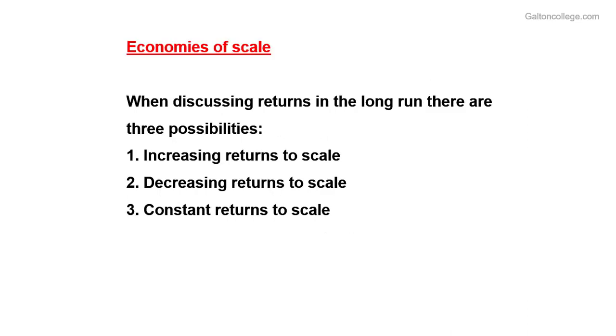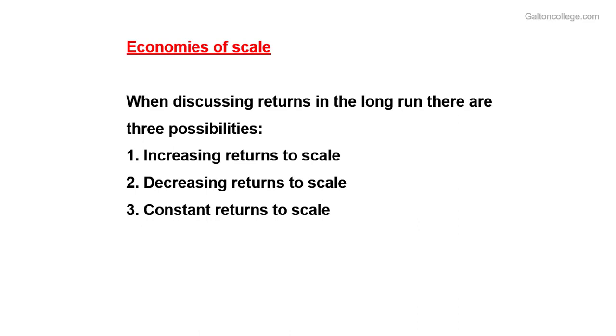Economies of size, economies of scale in other words. There are three possibilities. Increasing returns to scale: as a business gets bigger, it becomes more efficient. Decreasing returns to scale: as a business gets bigger, it becomes more inefficient.